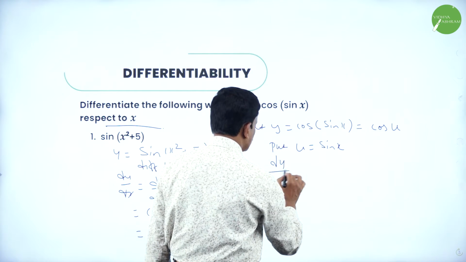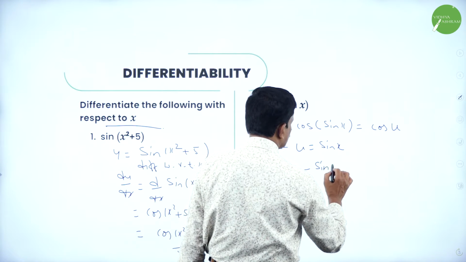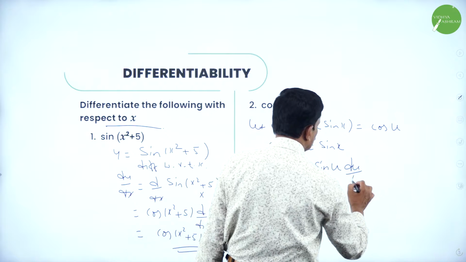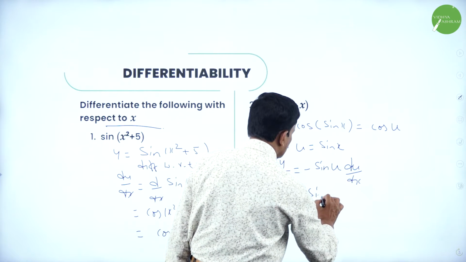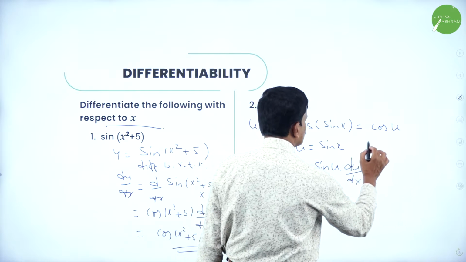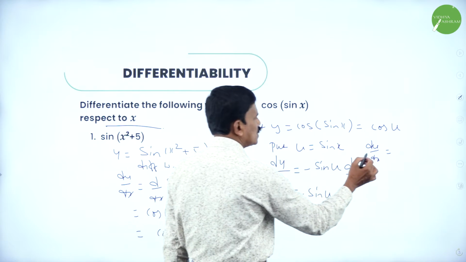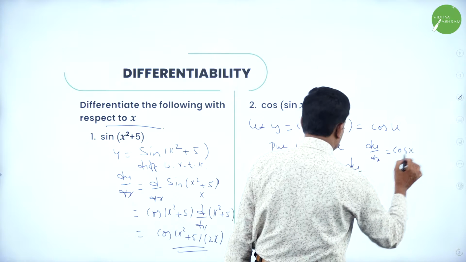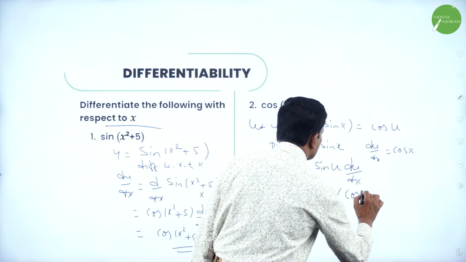Now differentiating with respect to x, dy by dx is equal to differentiation of cos u, which is minus sin u into du by dx. Differentiation of sin x is cos x, so du by dx is equal to cos of x.